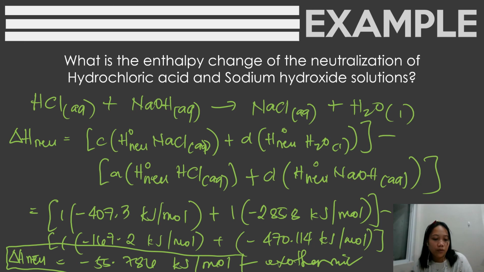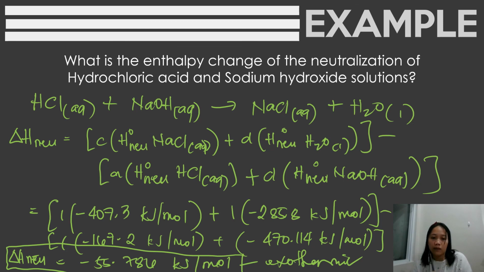Okay, so that's it. Just remember you need to identify first what type of enthalpy change the problem is talking about. Then right after that, you write the formula, you write the chemical equation, you balance the chemical equation, you identify all the values of your enthalpies, then all you have to do is put all the values in your calculator and you'll have your answer.